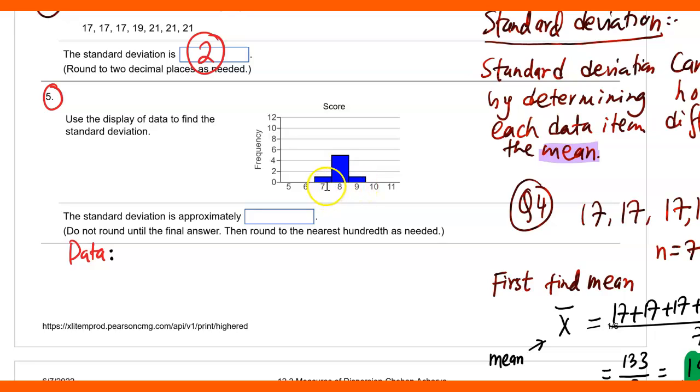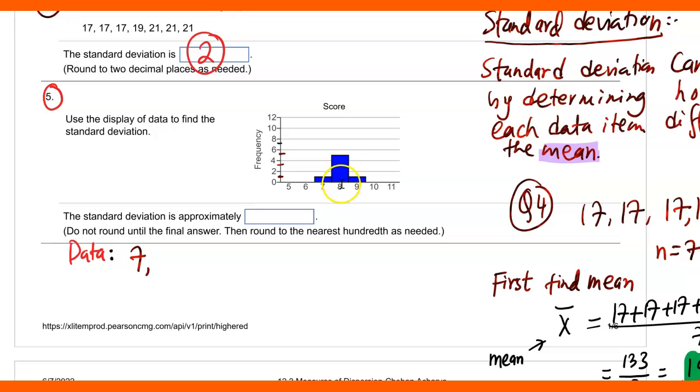But notice that 7 has a frequency of 1. Look at this frequency axis. This is 1, this is 3, this is 4, this is 7, right? You guys notice that's the frequency line. Therefore, 7 has a frequency of 1, so 7 is one data value in the data set.